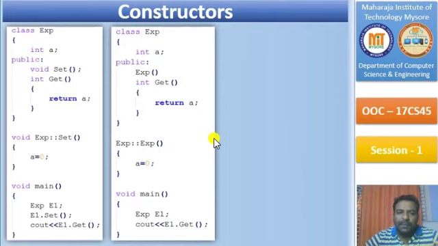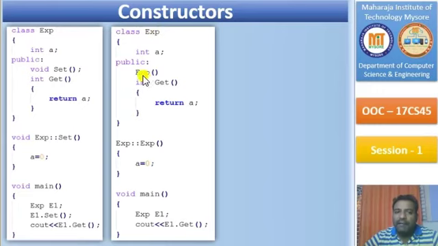Fine. The same program has been modified. The modification I have made here is that in the place of void set, I have used a member function which we now call a special function, because observe the class name and the function I am going to declare are identical, the same.